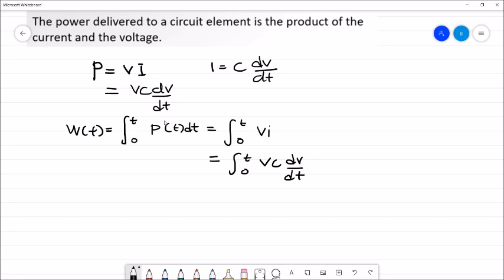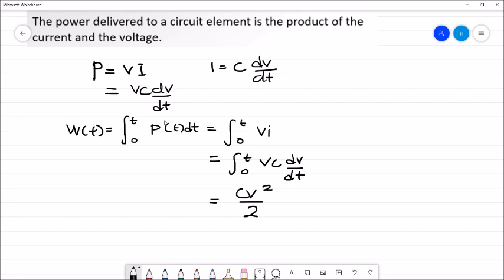Okay, now integration with respect to V, so you will get V to the power of 2, C over 2.